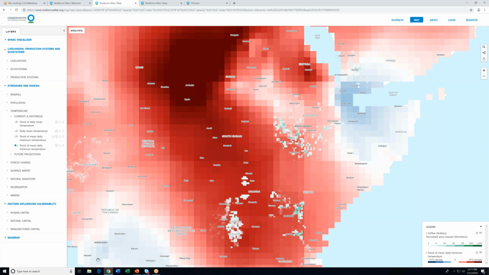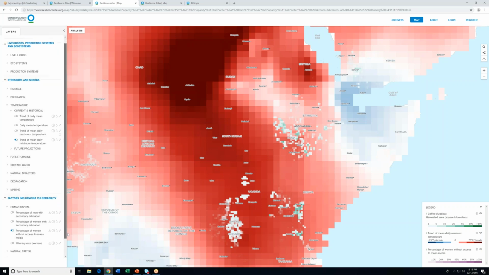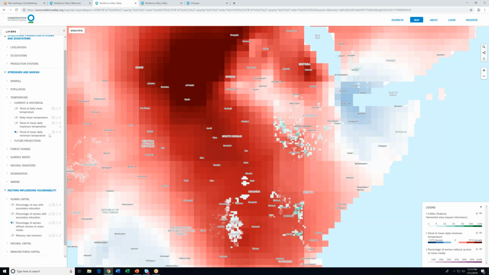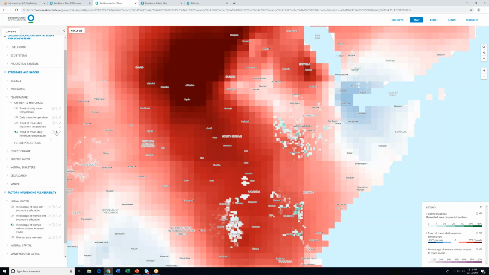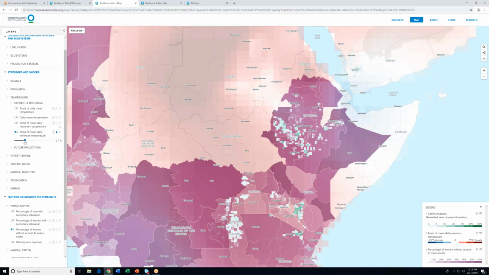And then you could look at different parameters, for example, where women are without access to mass media. So if you were planning an intervention, how you would reach out to women growing coffee in these areas. Now you'll see that we can change the transparency so we can see a little bit better what's underneath there.